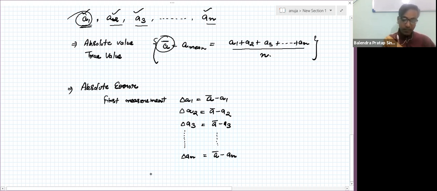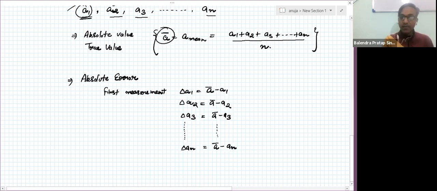Now what is the mean absolute error, or what we generally call absolute error? This is the absolute error in the first measurement, this is the absolute error in the second measurement, this is the absolute error in the third measurement, and this is the absolute error in the nth measurement.